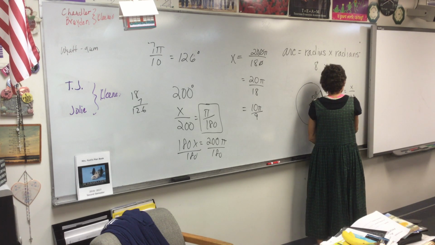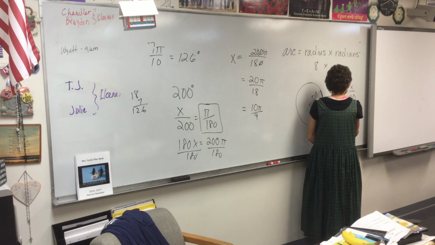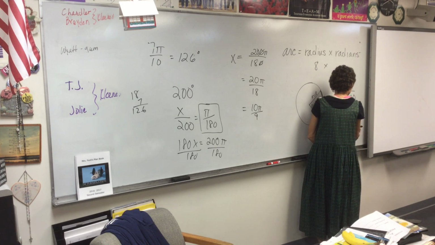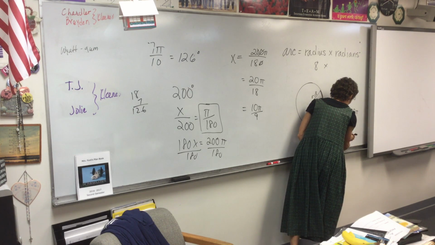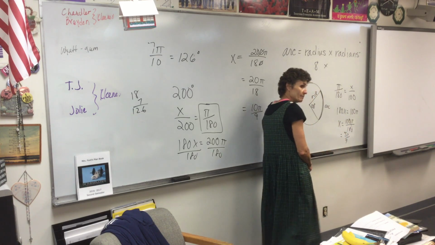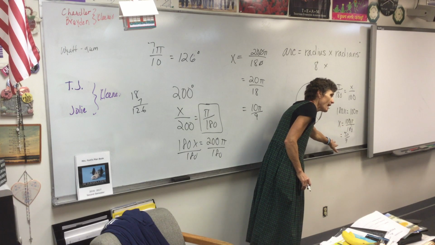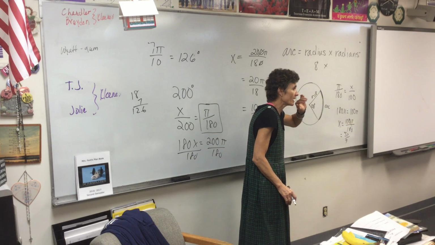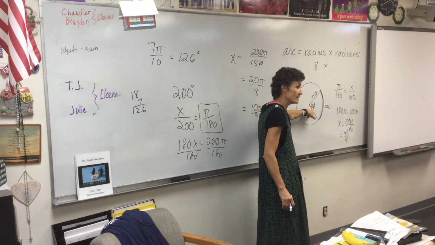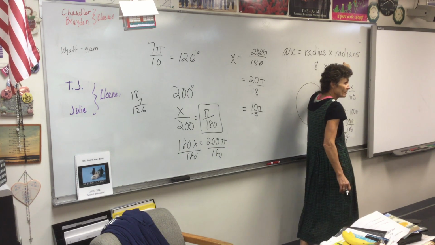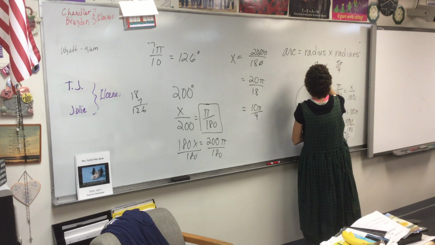So 180x equals 100 pi, and x equals 100 pi over 180, which is going to reduce to 5 pi over 9. Now, what is that? That's 5 pi over 9 radians. That's this angle right here, but now it's in radians. So I'm going to put 5 pi over 9 here, and now I'm going to multiply.